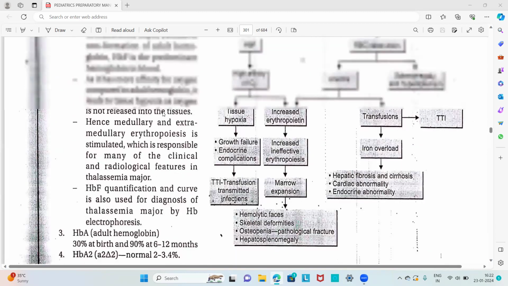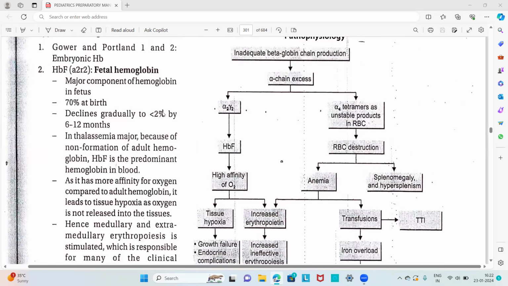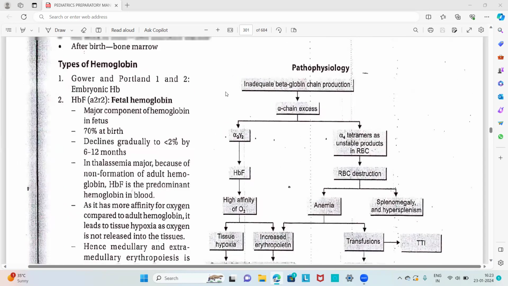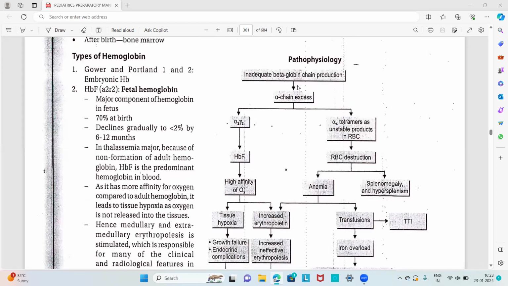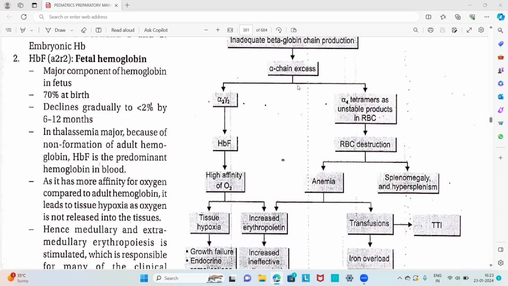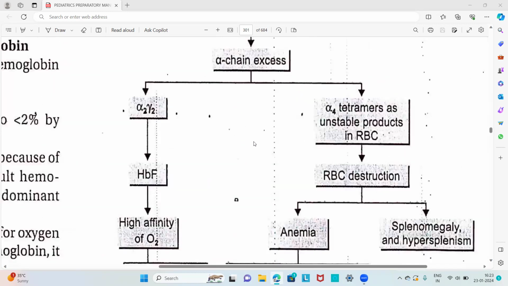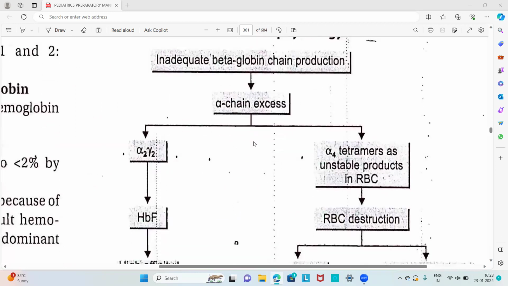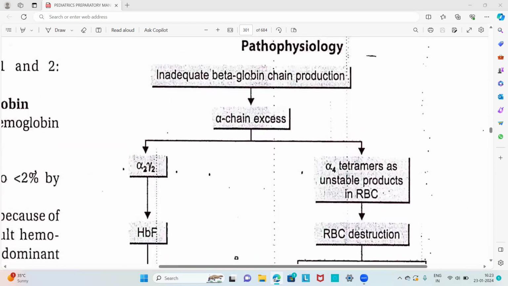This flow chart is regarding the pathophysiology of thalassemia. This should be kept in mind. In the pathophysiology, we already said that the disease is due to inadequate beta globin chain production. The hemoglobin contains both beta globin and alpha chains.